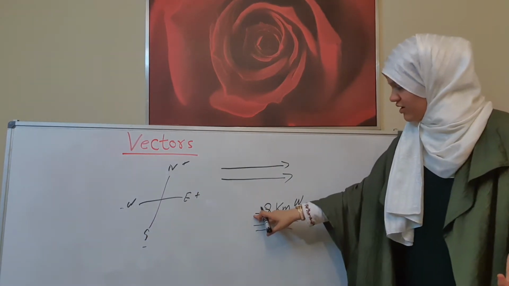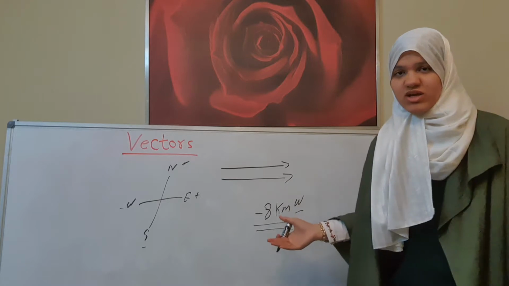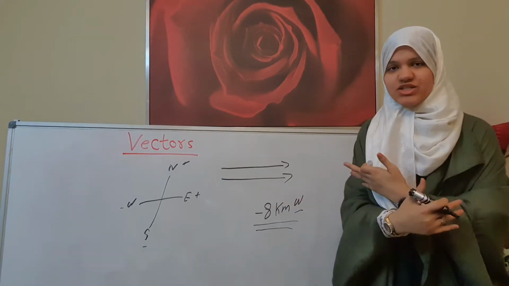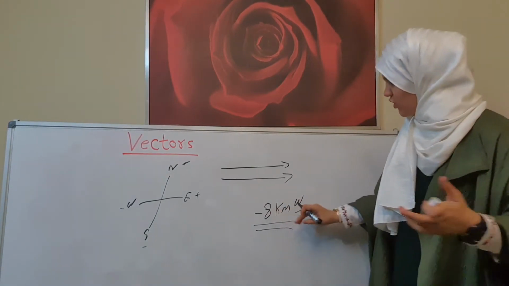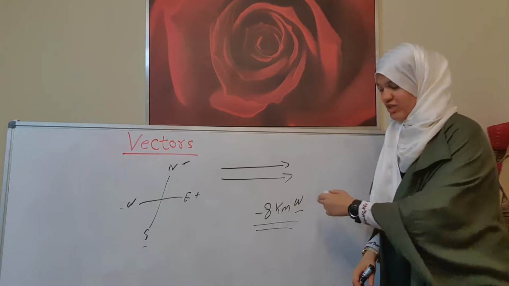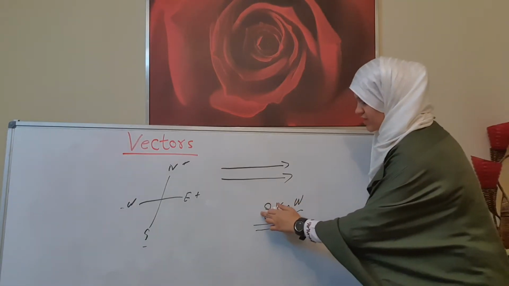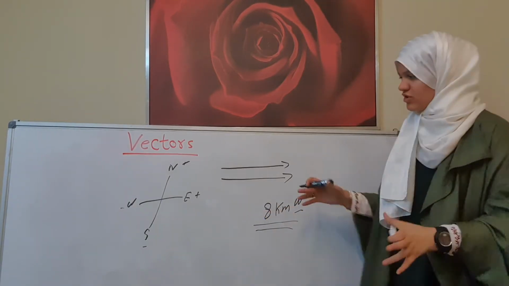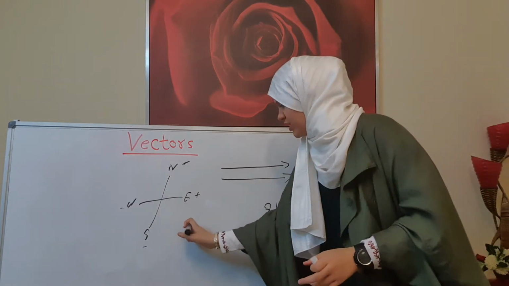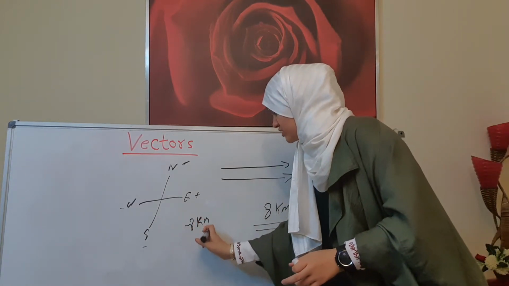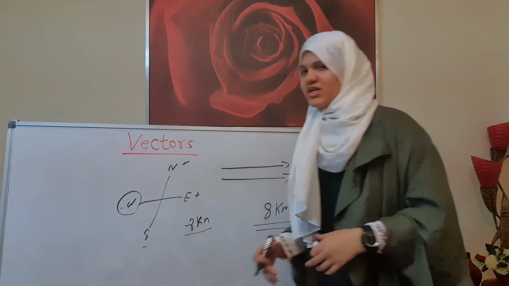Negative times negative will be positive, so the answer will change. So if we want to write the direction, we will erase the negative. But if we write only negative 8 kilometer, that means it is west itself.